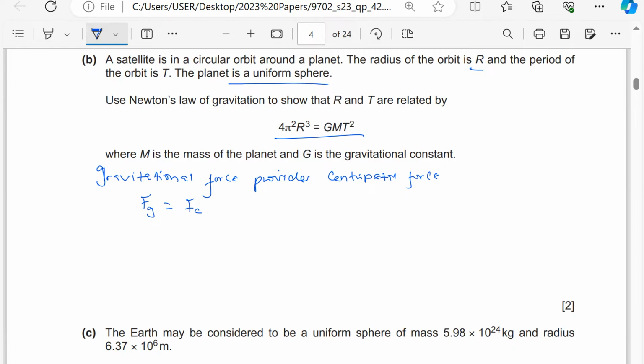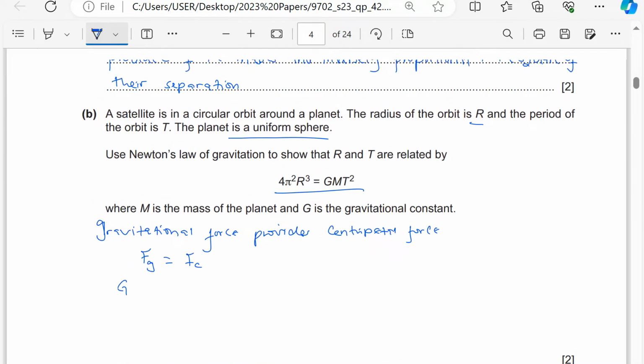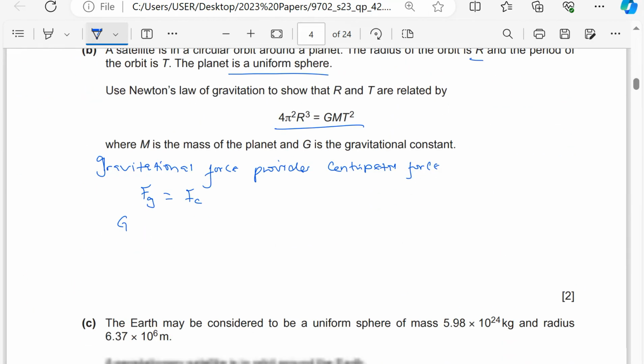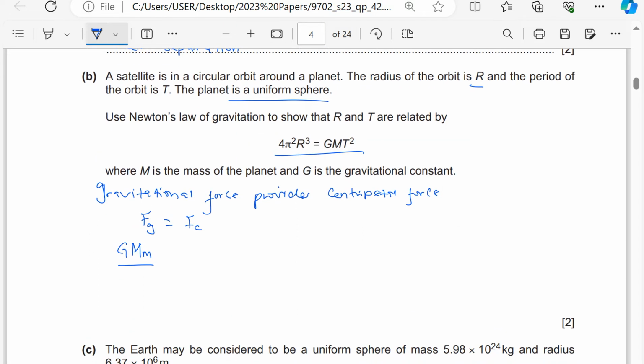In that case, gravitational force is given by capital G. So capital M is the mass of the planet. So I'm going to consider small m to be the mass, the smallest mass. So I'll say G times capital M times small m divided by the radius of orbit, which is capital R squared, that is Newton's law of gravitation.